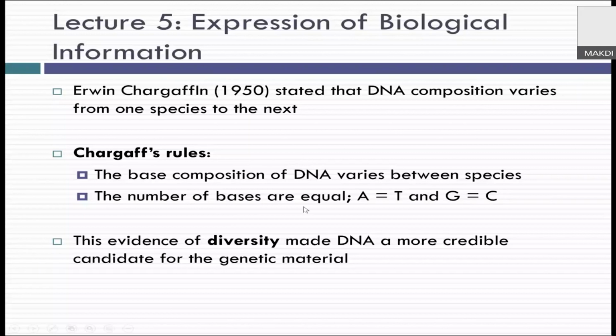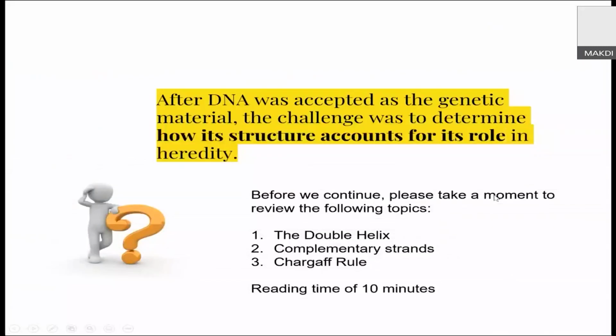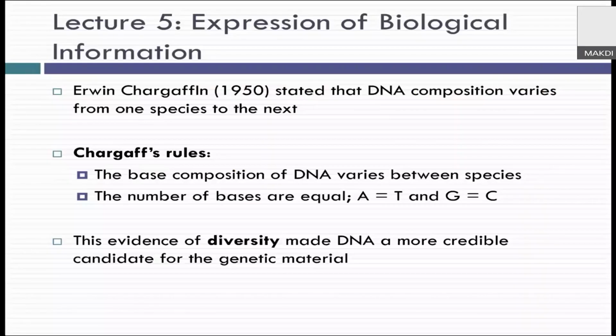And Chargaff rules stated that the number of bases are equal. A equals T, G equals C. If you read about complementary strands just now, or Chargaff rules, you will know.